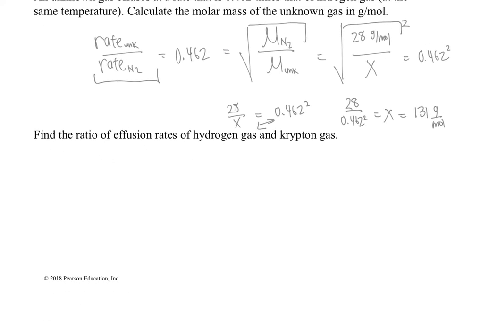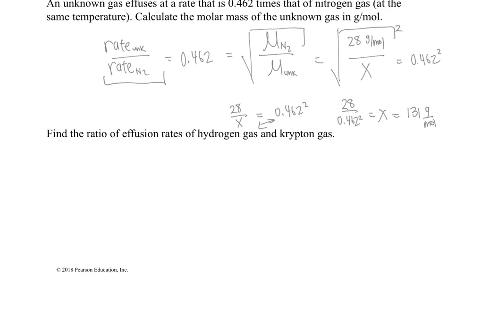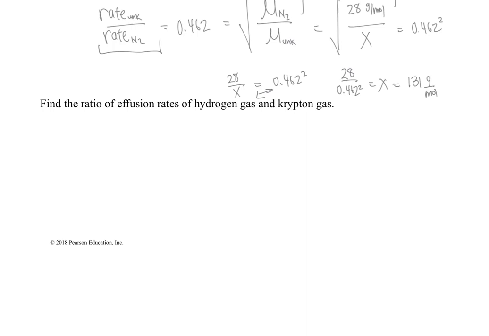Find the ratio of effusion rates of hydrogen and krypton gas. So I'm going to do rate of hydrogen over rate of krypton. We know that hydrogen moves a lot faster, so this should be something greater than 1. So I'm going to do the square root of the mass of krypton divided by the mass of hydrogen.